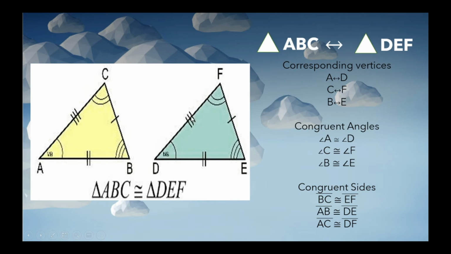So, sa inyong notebook, yung idinikit yung dalawang triangle, dapat may markings na rin at na-identify nyo na rin yung kanyang corresponding vertices, congruent angles, at congruent sides. Again, these two triangles, ABC is congruent to triangle DEF because their vertices can be paired, they have congruent angles, and they have congruent sides.